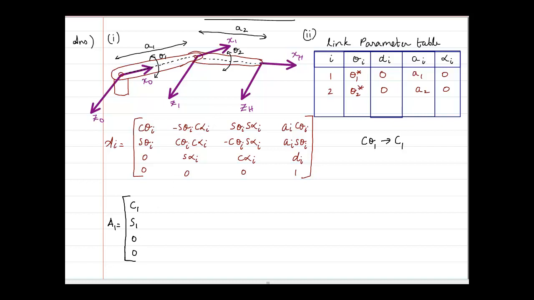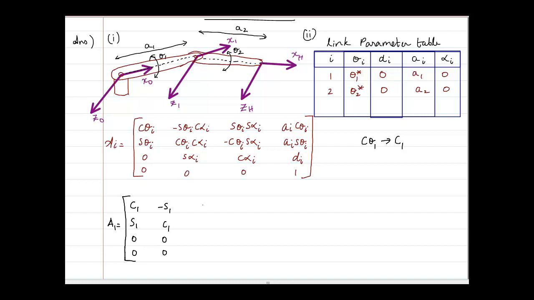alpha is 0, so cos of alpha will be 1. So again I will write here minus s theta 1, cos theta 1. Then sine of alpha, sine of 0 is 0, so this will be 0, 0.